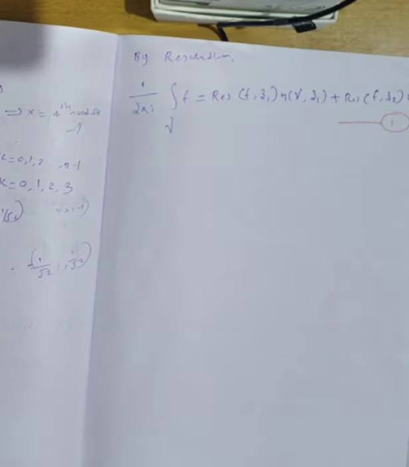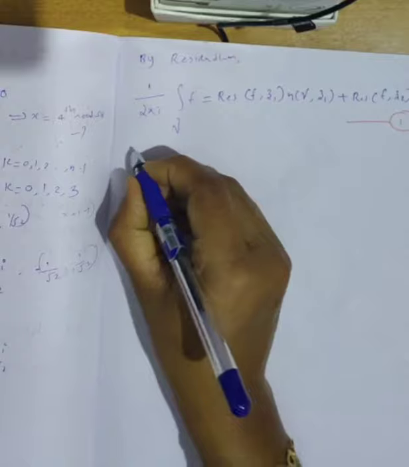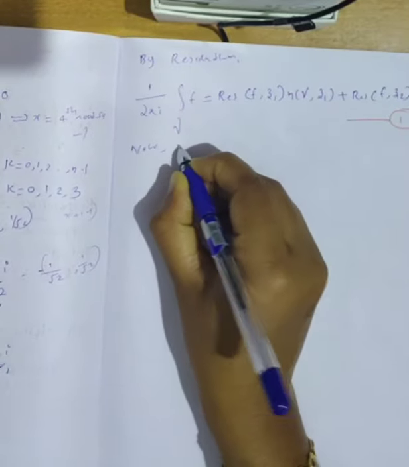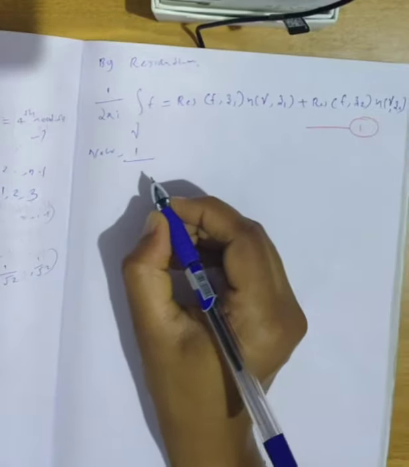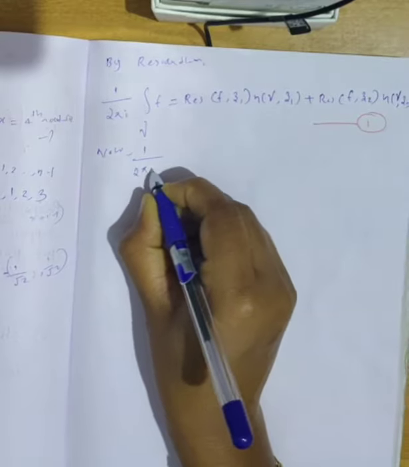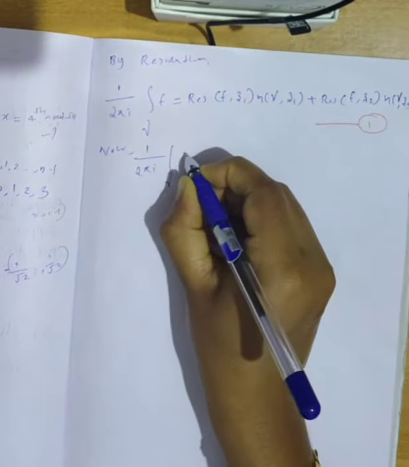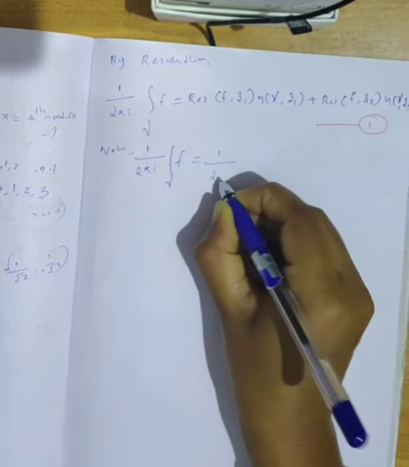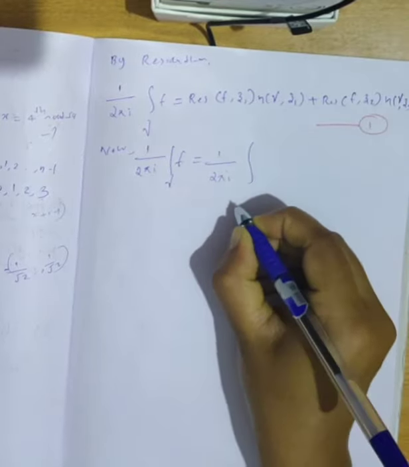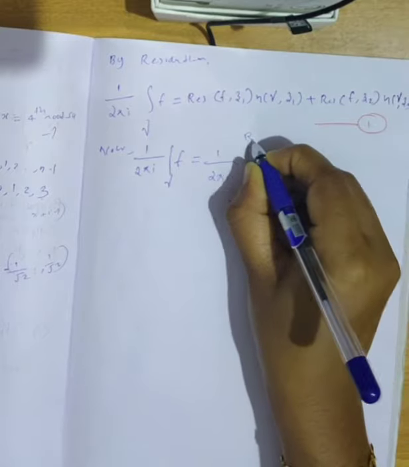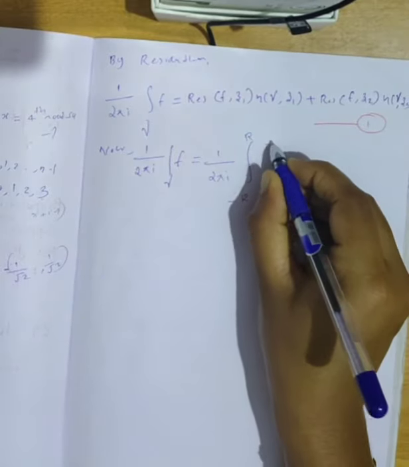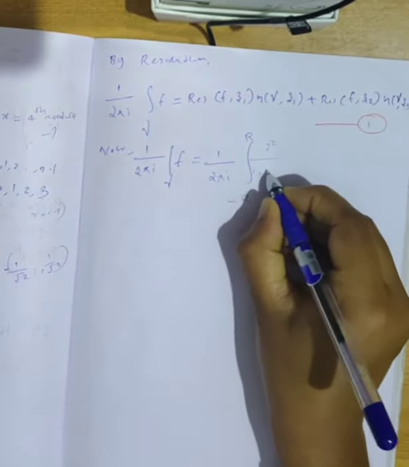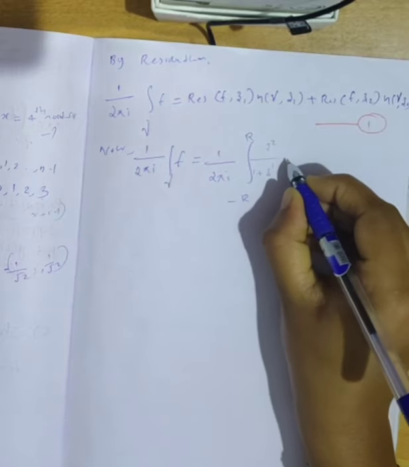Now 1 by 2 pi I integral over gamma f is equal to 1 by 2 pi I integral from minus r to r of z square divided by 1 plus z square dz.